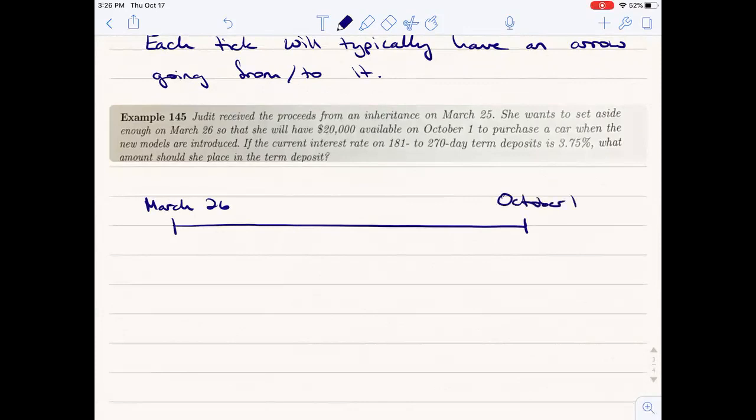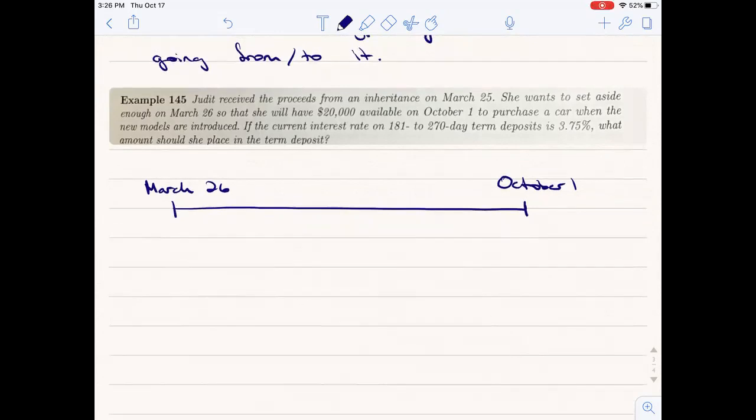Because it's a timeline, they have to be increasing. It doesn't mention a year, so we're just going to pick a year later on, because for our days between dates function, we have to have a year. But we can pick any year as long as it's the same year. All right.